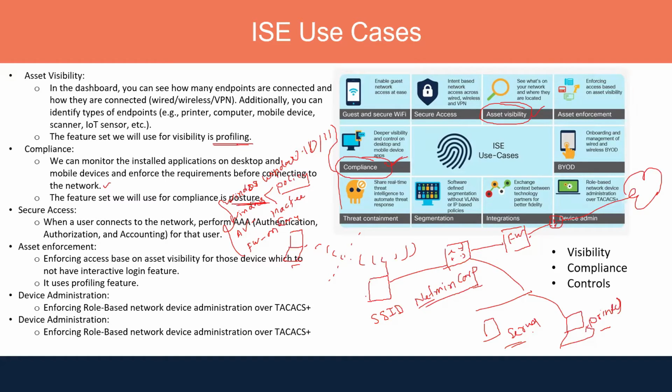Whatever the trusted antivirus is for your corporation, you can allow those only. Even though the firewall is on, if he wants to kill the firewall after connecting, you can also enforce that kind of stuff.